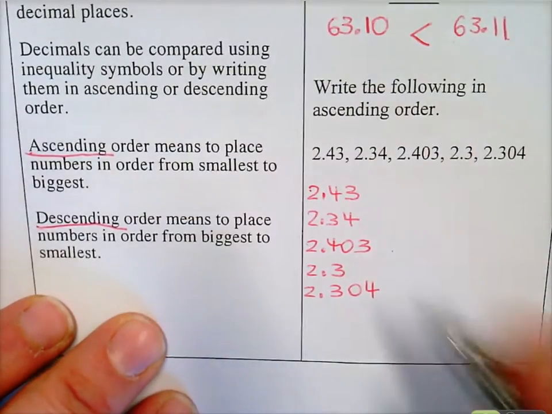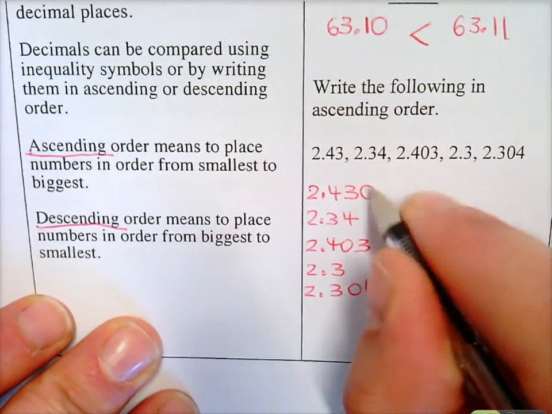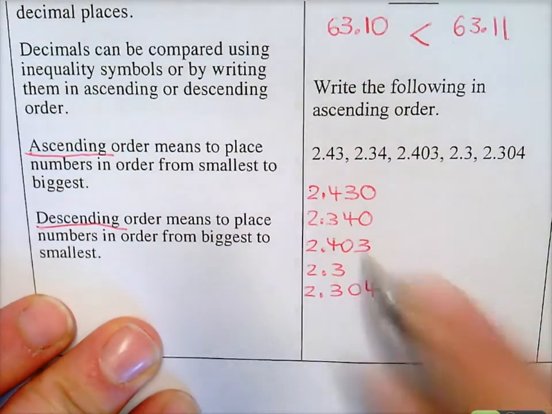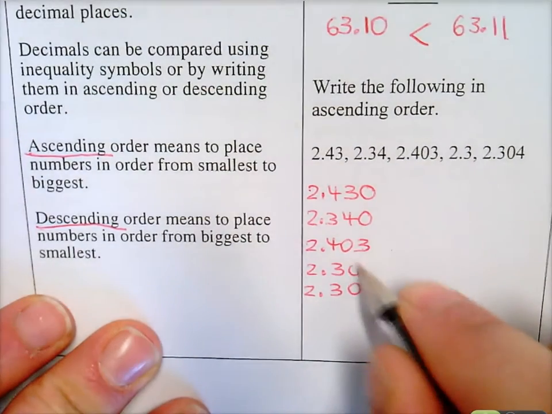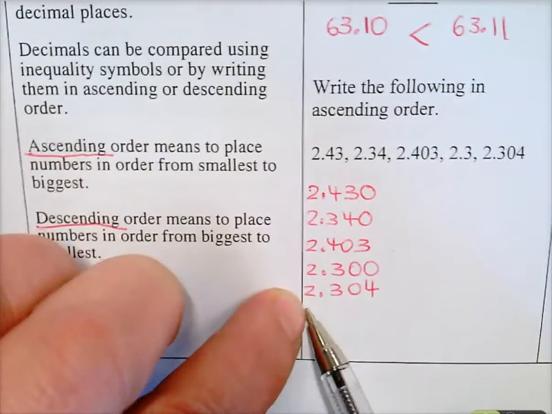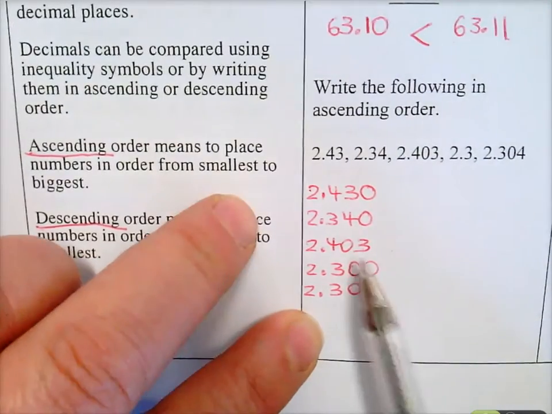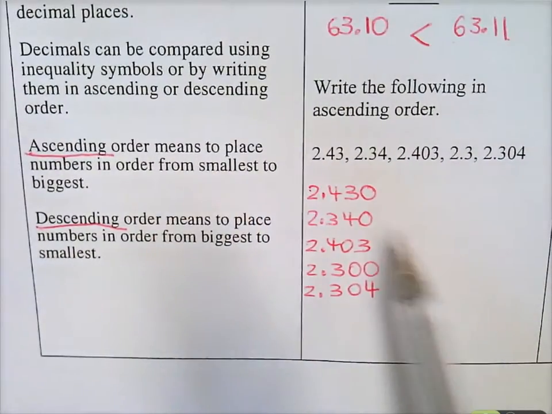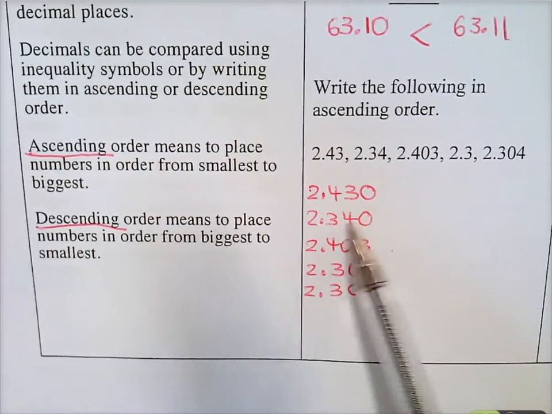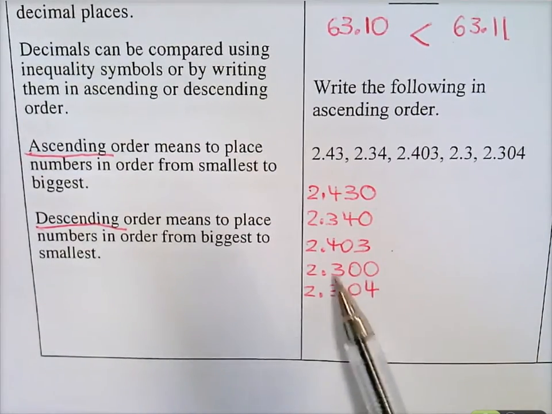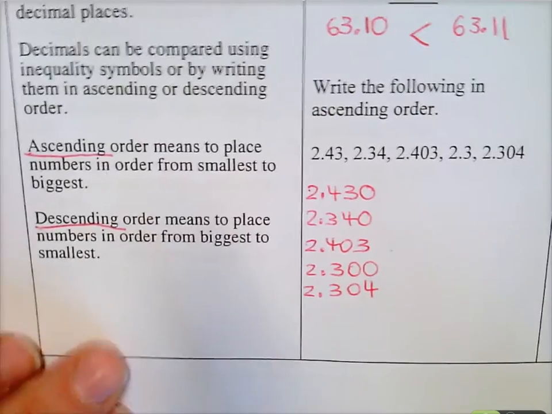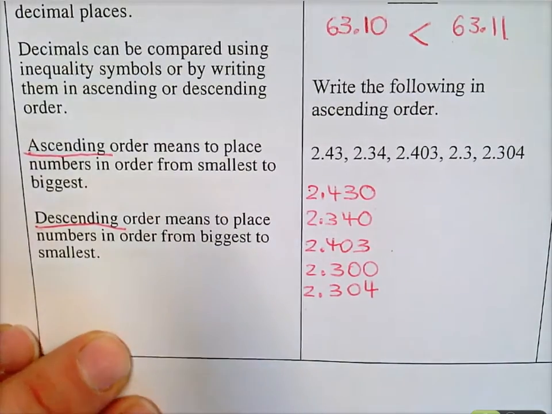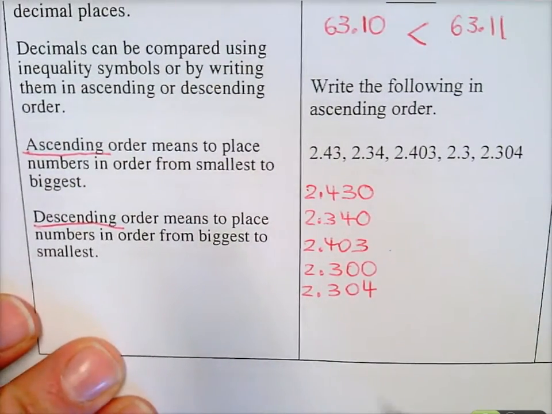Add zeros. How many does the first one need? 1. And the second one? 1. That's already got 3. 2. Now, the 2's are all the same. The points are all the same. Now, just look at the numbers afterwards. 430, 340, 403, 300 and 304. Can you put a 1 next to the smallest one for me? Which one's the smallest?